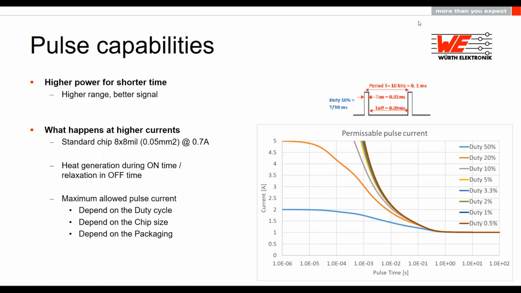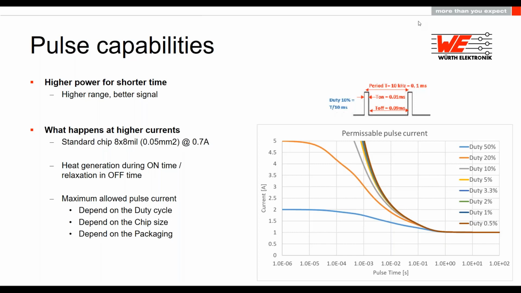This means that we will have around 1 watt per 0.05 square millimeter. If we convert this into watt per square centimeter, then we will reach even more heat generation than a standard oven in our house. In this case, we really need to implement a duty cycle to be able to run the LED at higher currents.